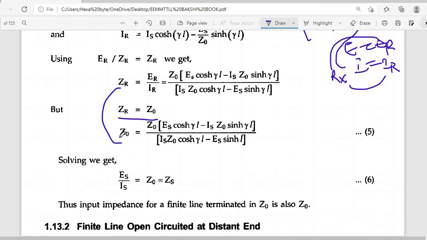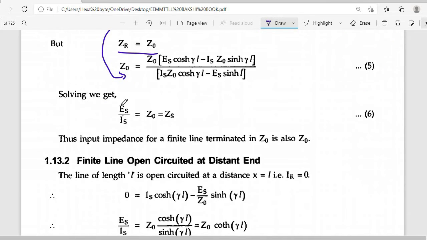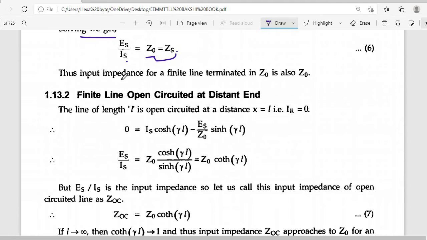Substituting ZR equals Z0, this ZR is replaced with Z0. So solving, we get ES by IS equals Z0. Source potential by source current equals source impedance, characteristic impedance Z0, that is equal to ZS. Thus the input impedance for a finite line terminated in Z0 is also Z0.